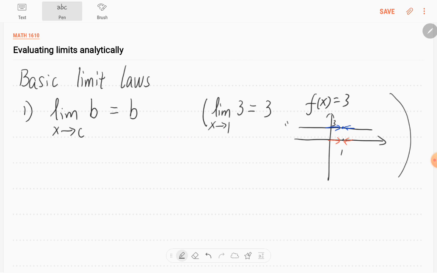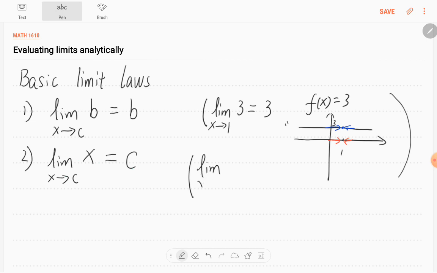Okay. The second law is the limit as x approaches c of x, which is equal to c. So you just plug in numbers when x equals c. Let's look at a quick example.